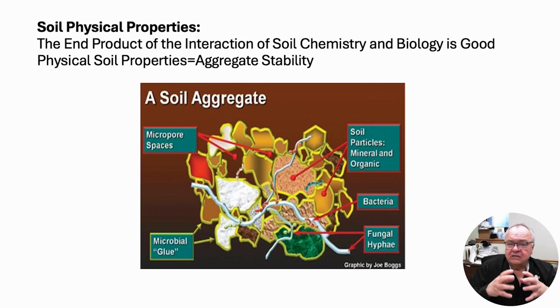Now you have pore spaces for water holding capacity as well as soil aeration, and this helps the plant grow better, with more water infiltration. We want to make sure we can improve this and have good soil aggregation.